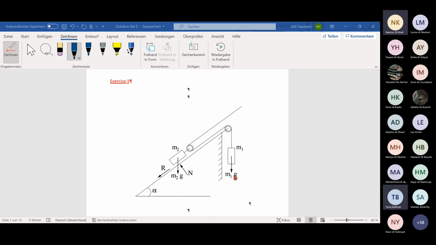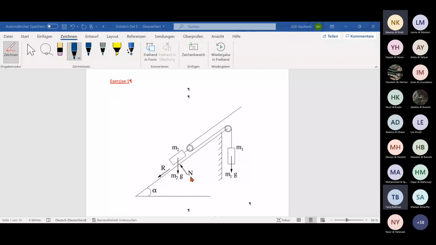Now we have the contact between the sloped plane, or the ground, and mass 2.